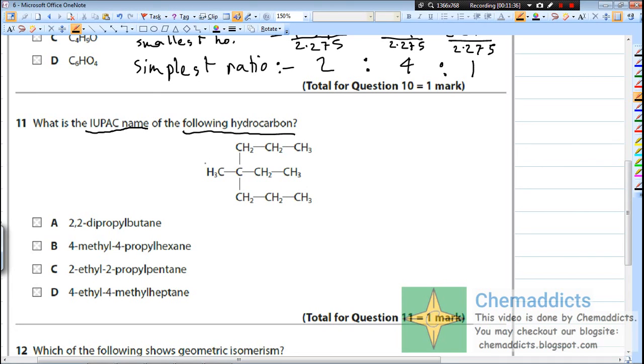Now let us find the longest carbon chain over here. If we have noticed, the longest carbon chain is this.